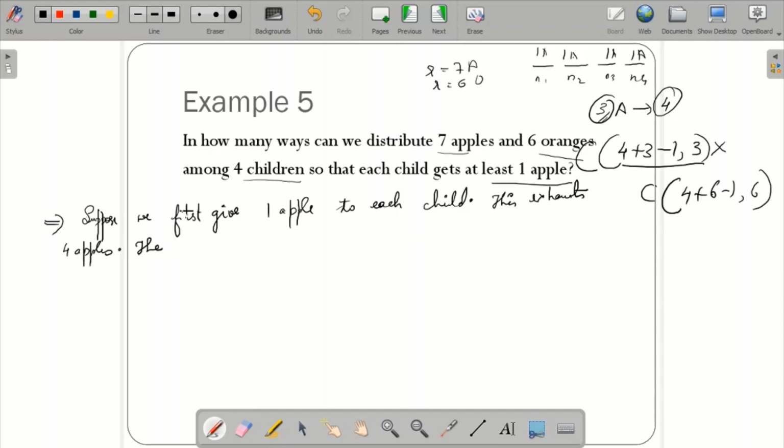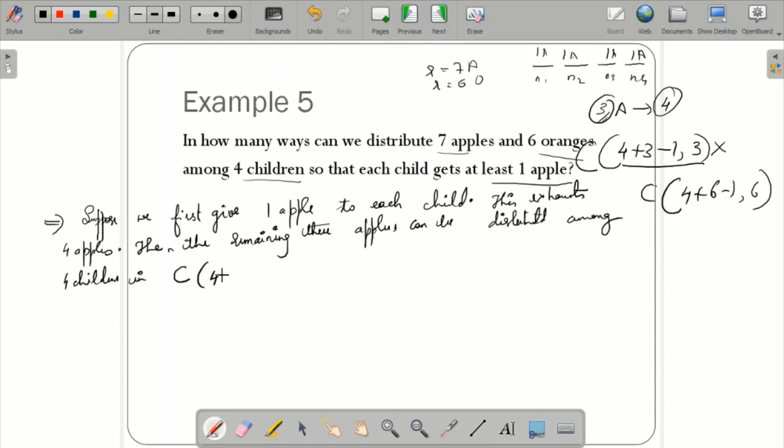Then the remaining 3 apples can be distributed among four children in combination of 4 plus 3 minus 1, comma 3. Here n is 4, r is 3, so it is C(6,3) ways.